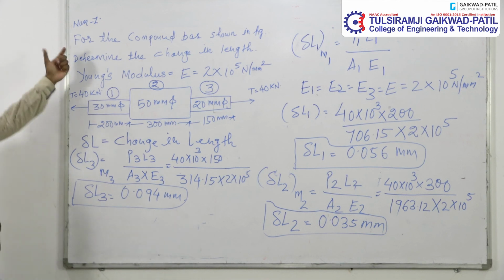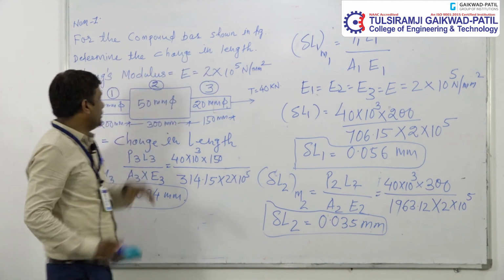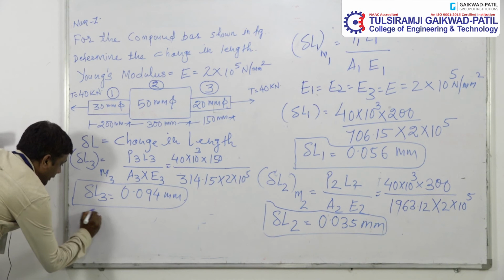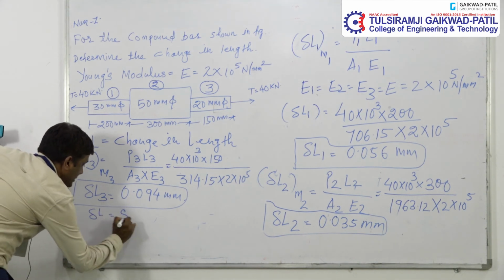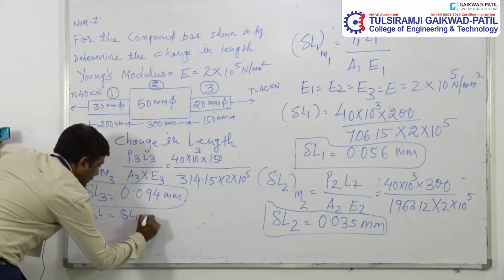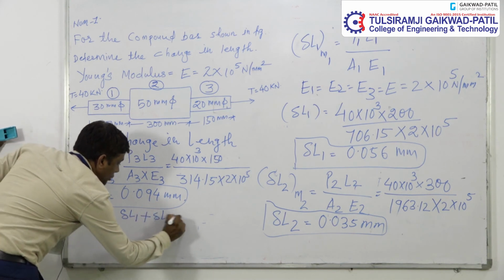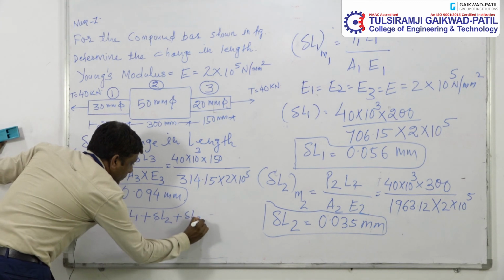But finally, we have to calculate the final change in the length. So the final change in the length, delta L, is given by delta L1 plus delta L2 plus delta L3.